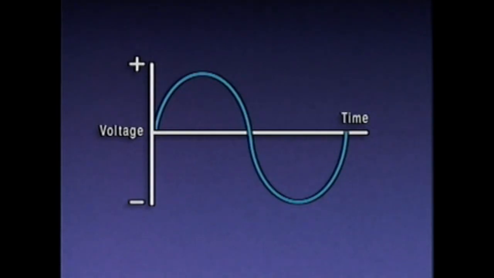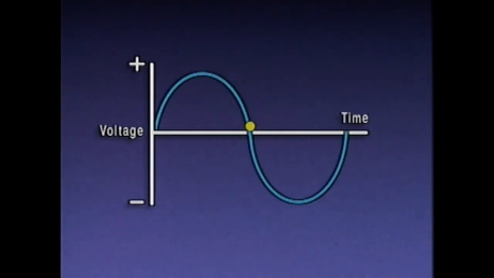Alternating current gets its name from the fact that it reverses direction periodically. In fact, it reverses many times per second. It's easier to understand this characteristic if we look at this graph, which shows how AC voltage would look plotted over time. As the graph indicates, AC voltage increases in a positive direction until it reaches its maximum positive value.